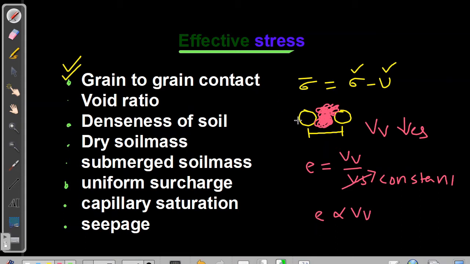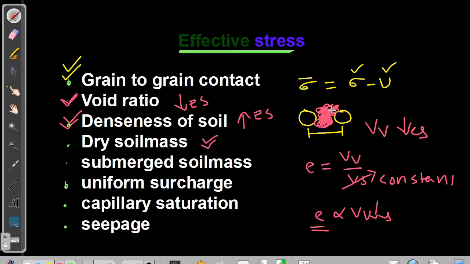Due to effective stress, as volume of voids is decreasing, void ratio also decreases. Due to the void ratio decrease, denseness of soil increases, not decreases. This is for dry soil mass.